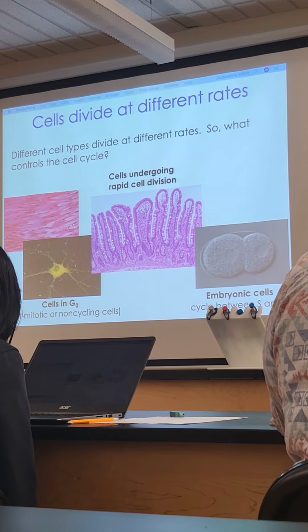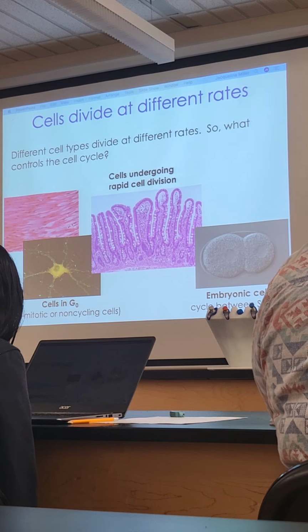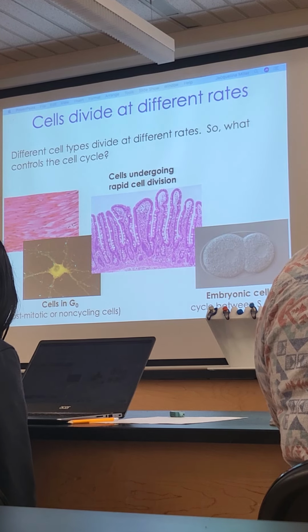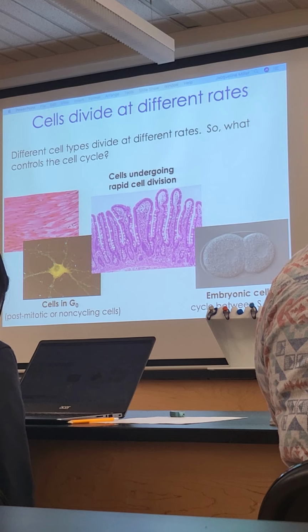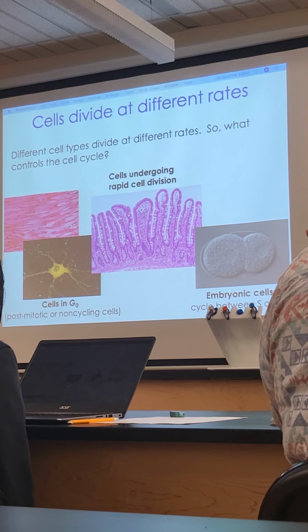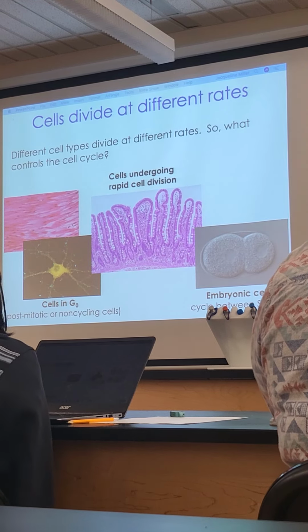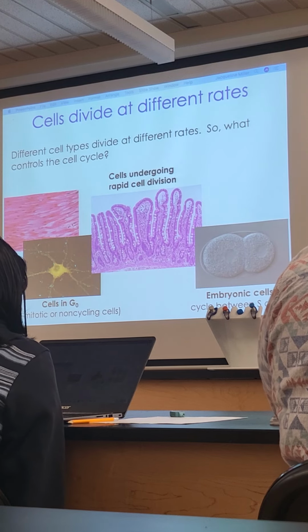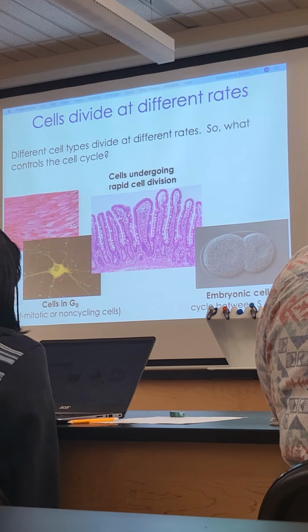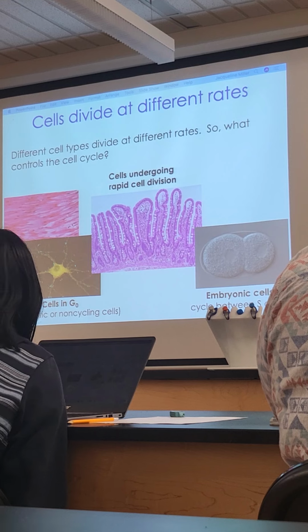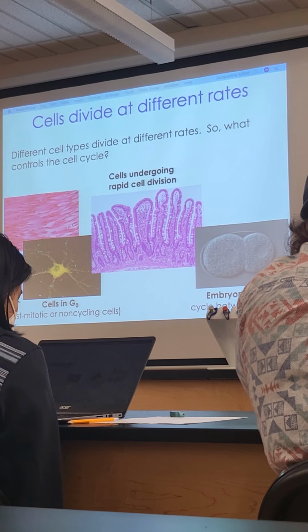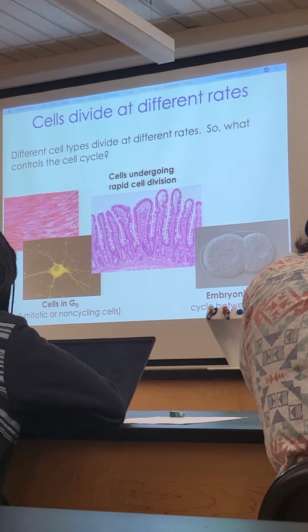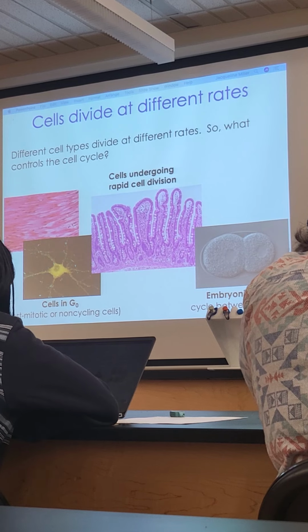When people were trying to figure this out, in the earliest experiments they would take two cells that were in different phases: a cell that was in mitosis and a cell that was in interphase. And they used chemicals to fuse the cells together. If you take polyethylene glycol and treat cells with that, the membranes will actually fuse.